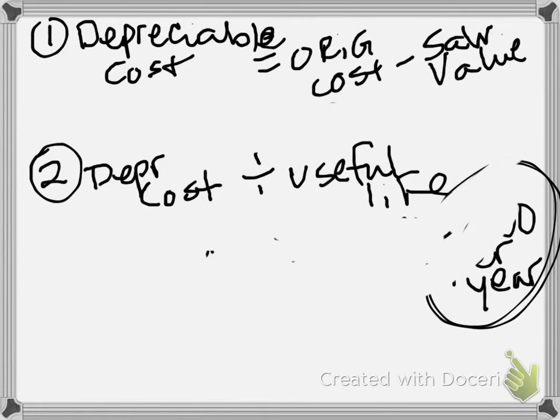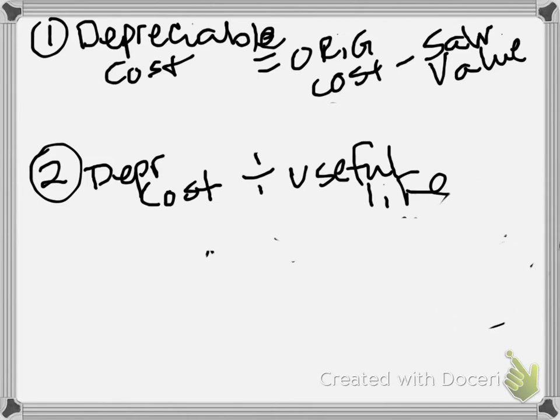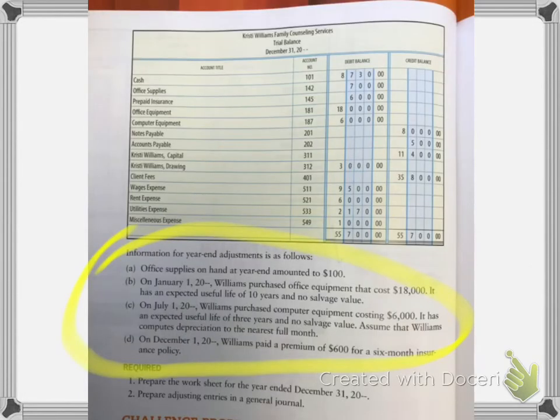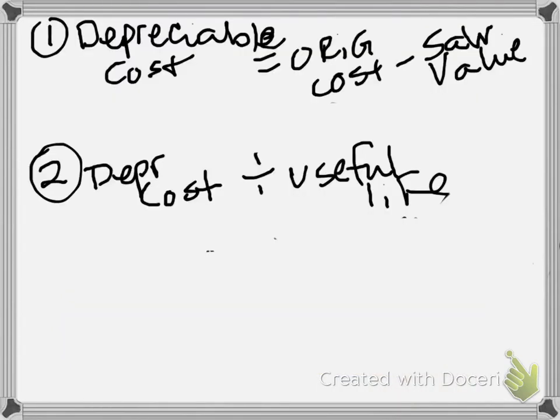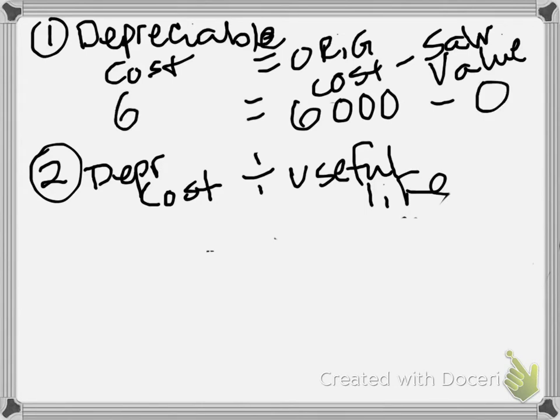Our first step is to determine the depreciable cost for this equipment. For depreciable cost, we have to know the original cost, $6,000, and we have to know the salvage value, no salvage value. So 6,000 minus 0 is going to give us a depreciable cost of 6,000.